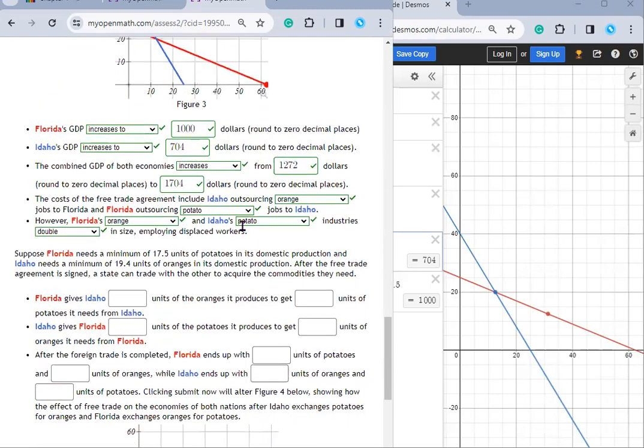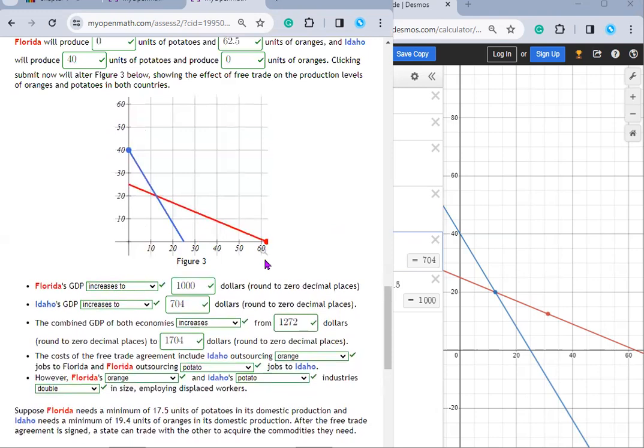Okay, now suppose, at this moment in time, both countries focus on what they do best. Florida has a superabundance in oranges and Idaho has a superabundance in potatoes. Now, Idaho wants oranges and Florida wants potatoes. So an exchange will occur between the two states, right?